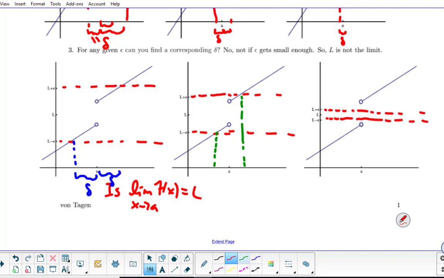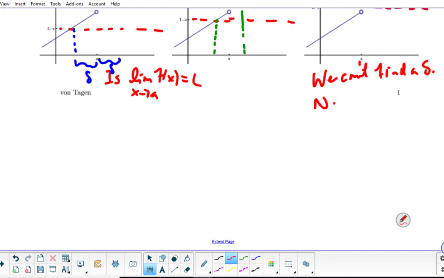Can you find a delta strip that guarantees any value from the delta strip ends up within that epsilon strip? No, you cannot. We can't find a delta. Or better yet, not that we can't find it, no delta exists. Let me say that, no delta exists.